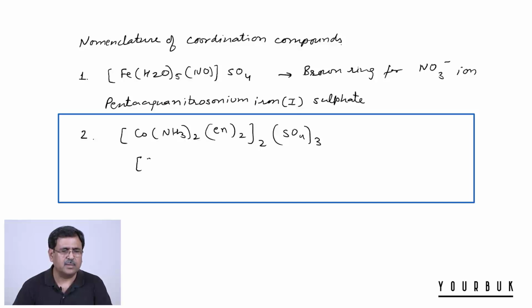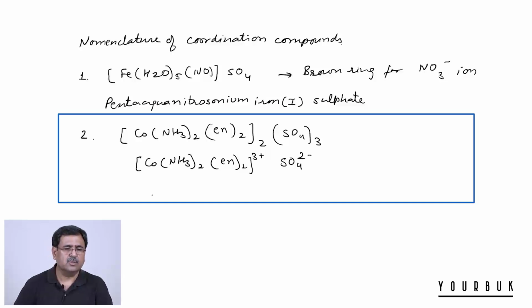Now, this is the cationic part. The cationic part is carrying a charge of 3 positive and our anion is SO4 2 negative. So, we name the cation first. There are 2 different ligands present, so arrange them alphabetically.